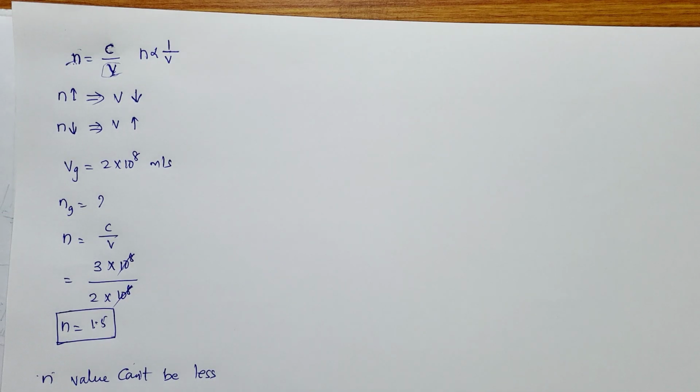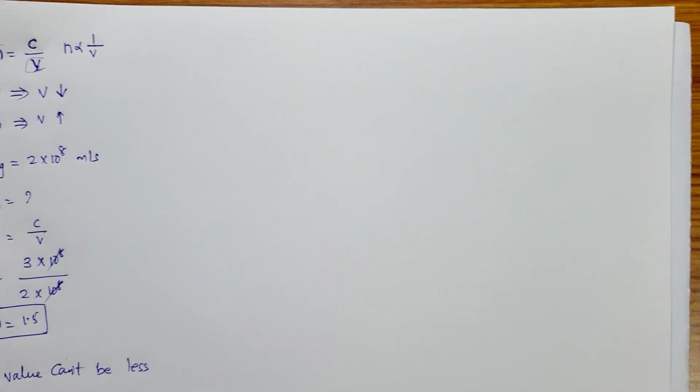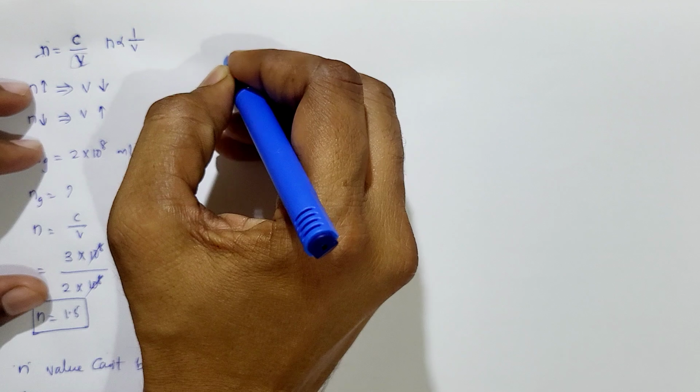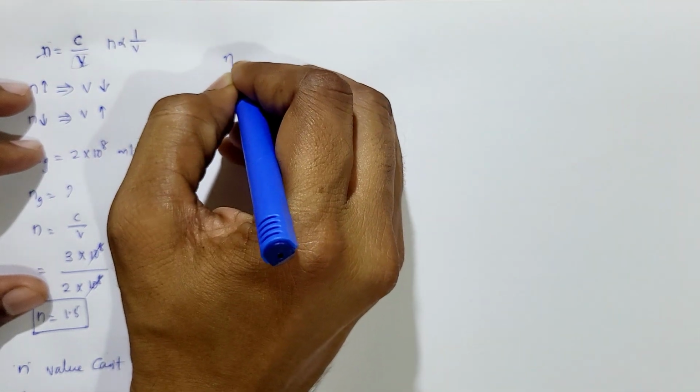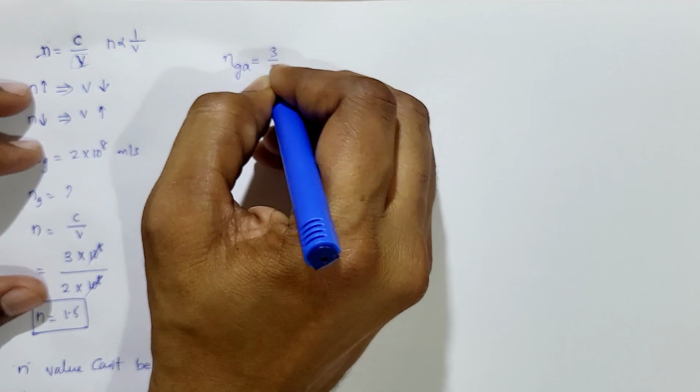This is about the absolute refractive index. Okay, so I hope you understood the absolute refractive index and refractive index. And I'll take one more question. Here is one difficult problem I'll take. See, the refractive index of glass with respect to air is 3 by 2, you imagine.